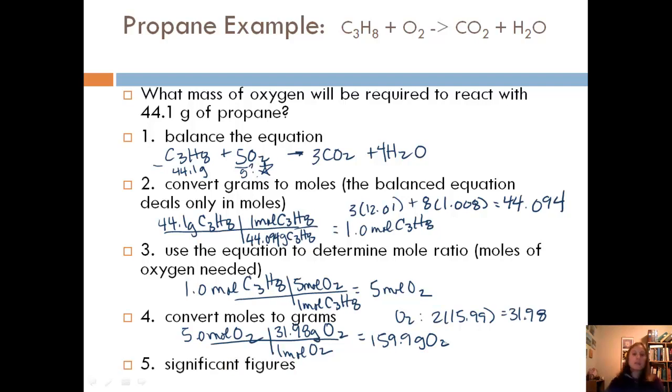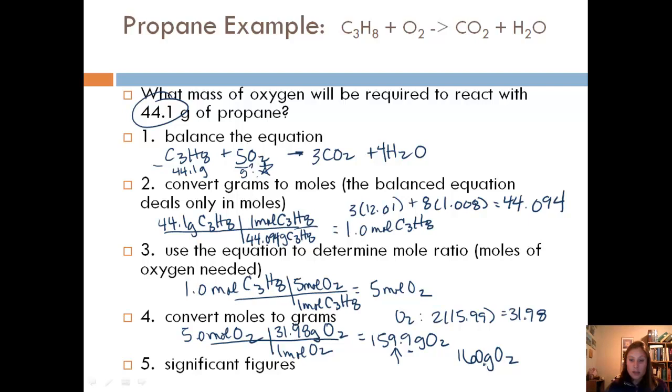Okay, my last step is, again, to look at significant figures. No, they are never going away. Okay, so we have 3 significant figures in the problem. I want 3 in my answer. This 9 will round, so I'm actually going to get an answer of 160 grams of O2, but I do want 3 significant figures. So there are 2 different ways to express 3 significant figures.